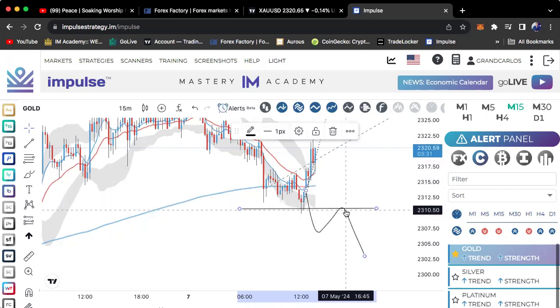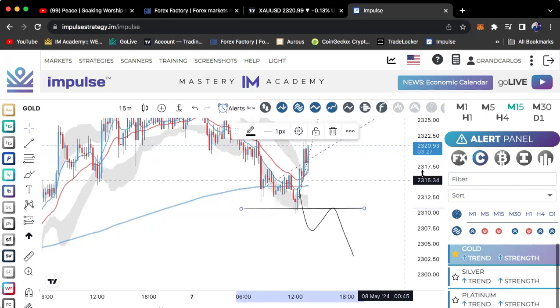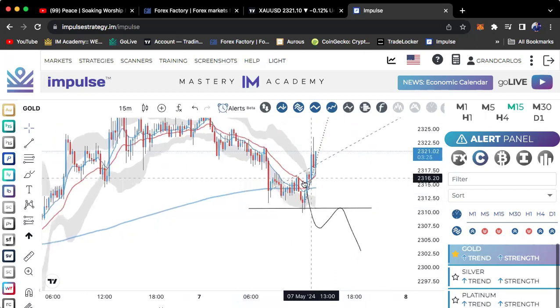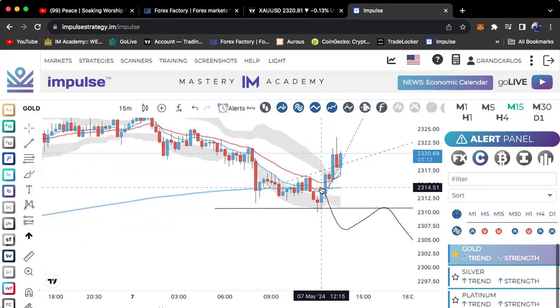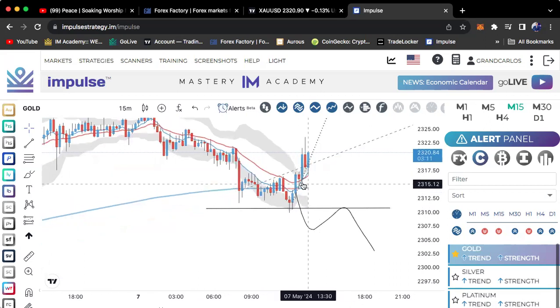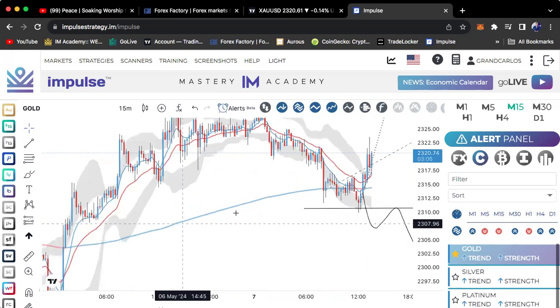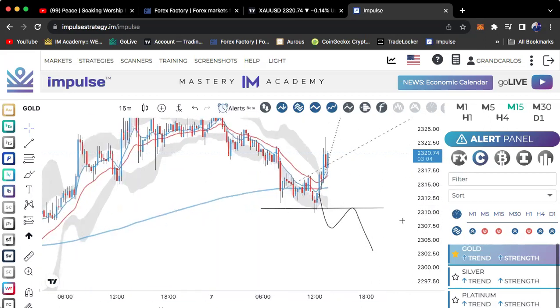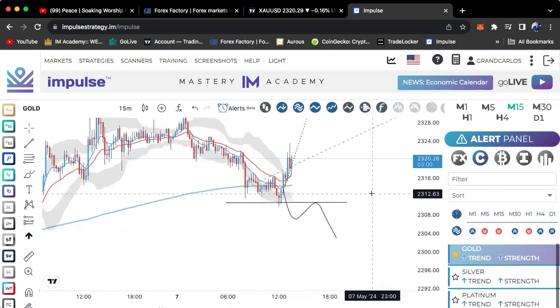By the time it reaches this price at 23.10, you will have sell confirmations for sure, because the red EMA line will be above the blue, and then the primary EMA line will turn red, and it will give you a red microtrend arrow. The strength will be red.